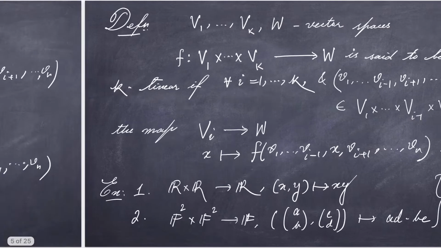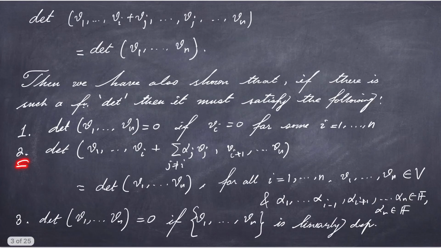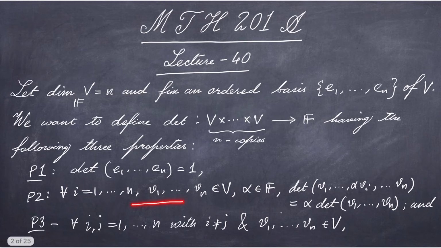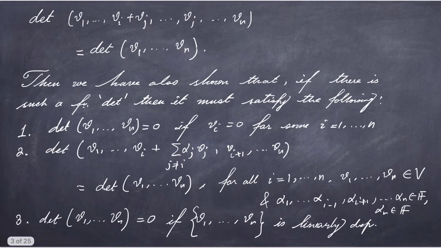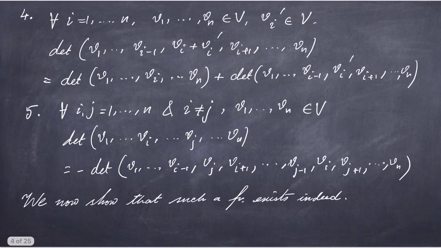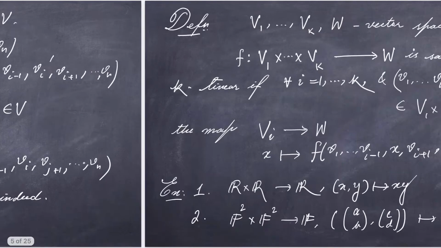For that we look at property 2 and the fourth one. Property 2 takes care of the scalar multiplication, and this one takes care of the vector addition.